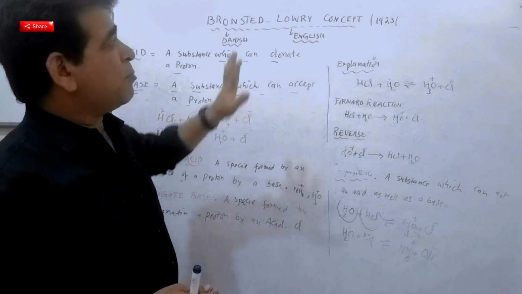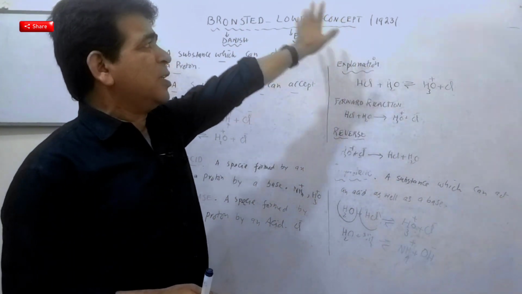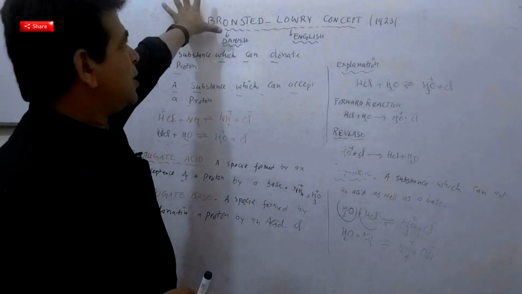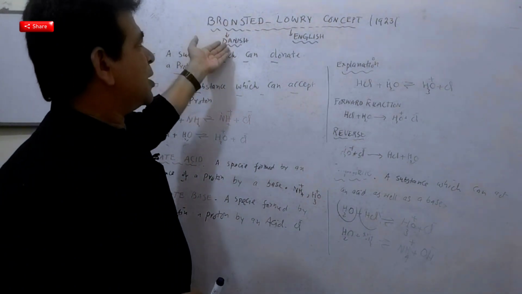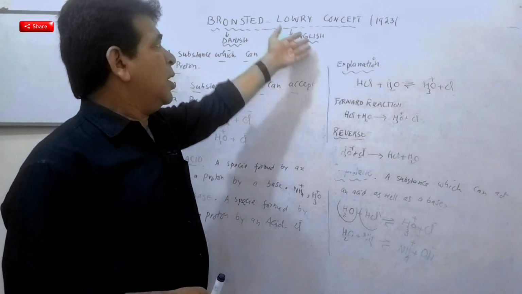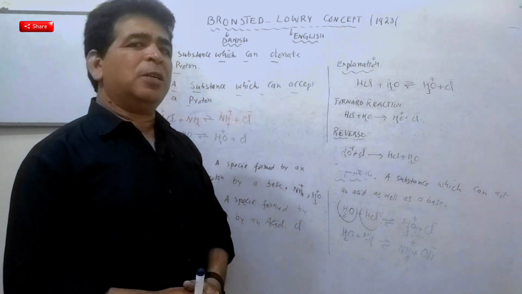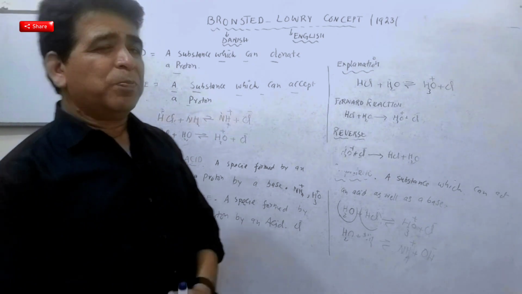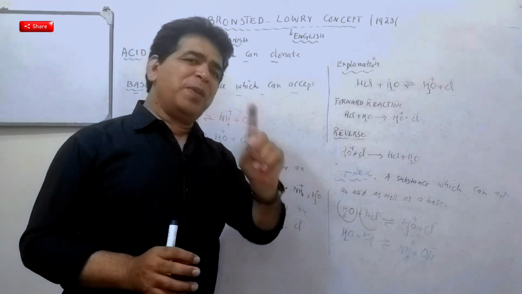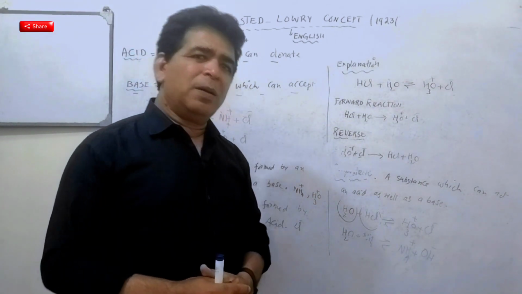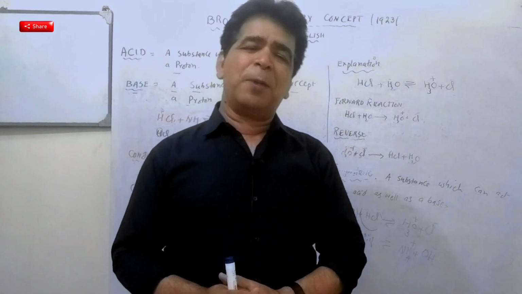This concept was presented in 1923 by two scientists, one was Bronsted, a Danish chemist, and the other was Lowry, an English chemist. This concept was based on proton donation and acceptance.